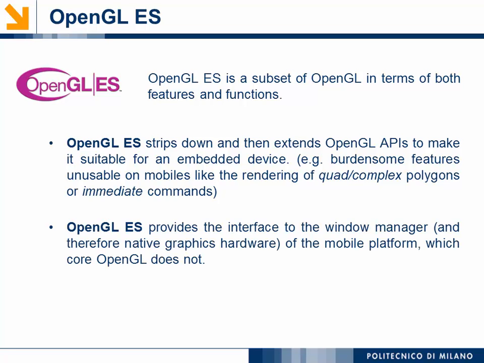More importantly, OpenGL ES was able to provide an interface to the windowing manager and therefore to the graphics hardware of the mobile platform, which the standard OpenGL implementation does not. So you can program any graphics adapter, but in order to visualize the frame buffer that you fill with the colors of your image, you have to resort to the specific operating system of that machine in order to access and visualize what you created.